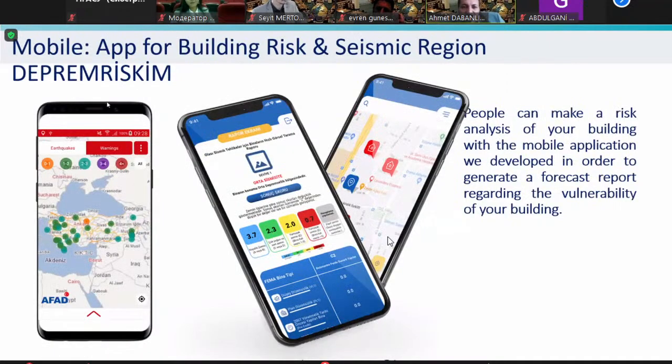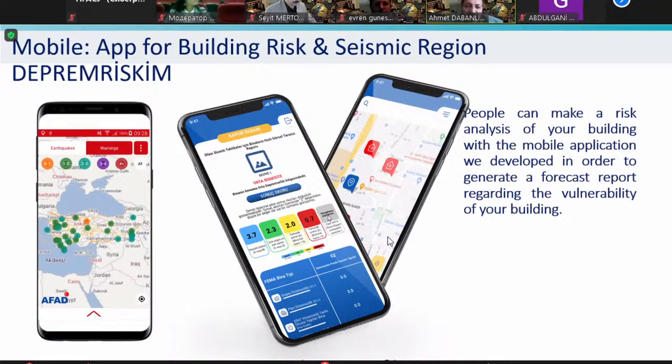These are the applications that I mentioned. The earthquake application is called EAFAT. It gives you all the earthquakes and their magnitudes on the screen, and also anyone can learn the risk of their building by taking a picture of it and giving some information, especially about the construction type and other things.